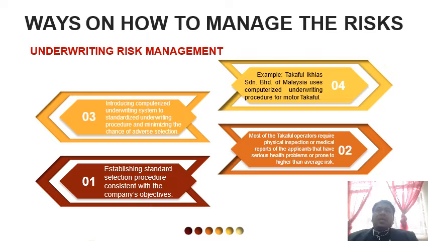Or maybe they would exclude you from getting treatment for certain types of cases, right? Depends, right? So nowadays, the Takaful companies also introduce a computerized underwriting system to standardize underwriting procedures and minimize the chance of adverse selection, right? So, for example, Takaful companies use a computerized underwriting procedure for Takaful.